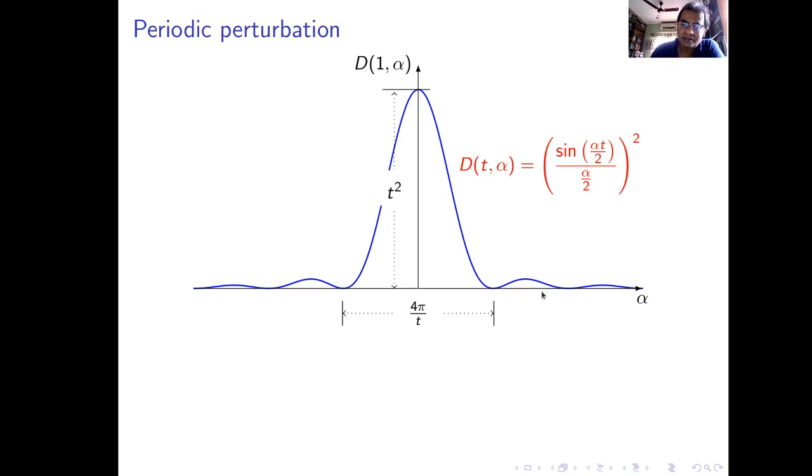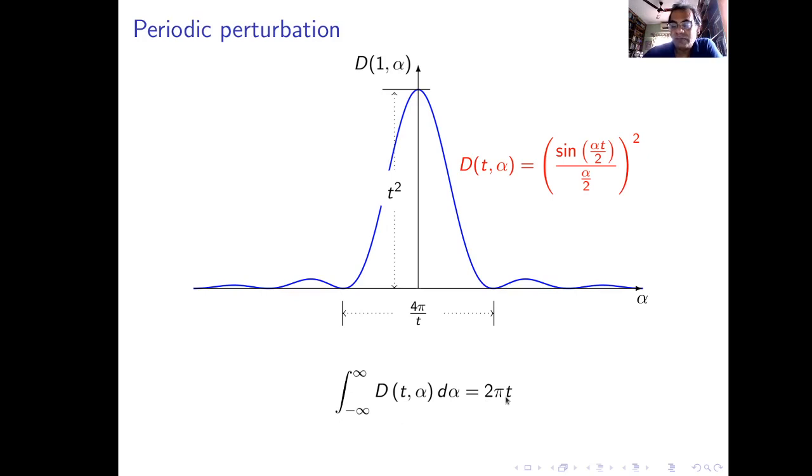One thing is clear, that when you make t very large, the height of this graph becomes very, very big and the width becomes very, very small. So what we are getting here is basically something which looks like a delta function. That's actually supported by the fact that when you do the integration here, you end up with a constant, or nearly a constant, 2 pi t.